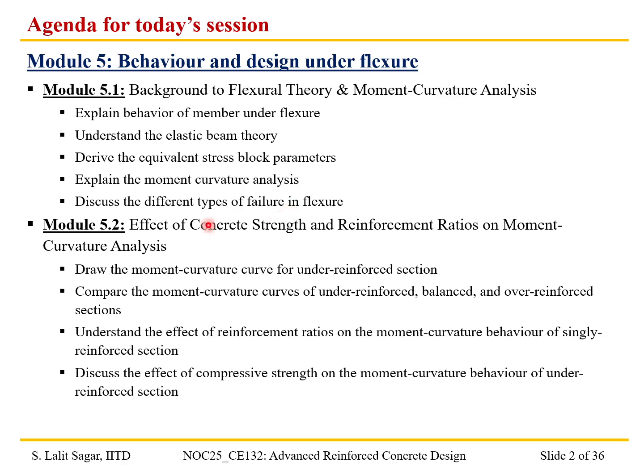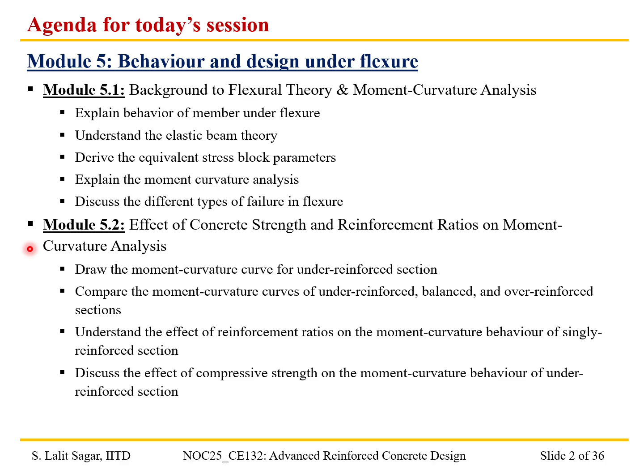Okay, and in module 5.2 we studied the effects of concrete strength and reinforcement ratios on the moment curvature analysis. So basically how the mechanical properties of the constituents of the cross section, that is the mechanical properties of the concrete that is being used and the mechanical properties of the reinforcing steel, influence the moment curvature behavior or the moment curvature analysis.